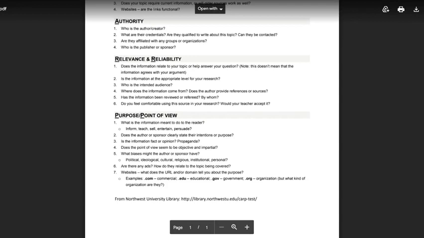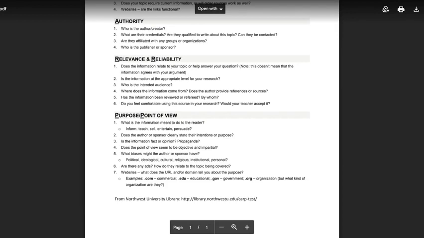So that could be anything from the healthcare company Kaiser Permanente to a church. And so you've got to think about who is behind that .org. It doesn't mean all .orgs are untrustworthy. It just means consider your source.